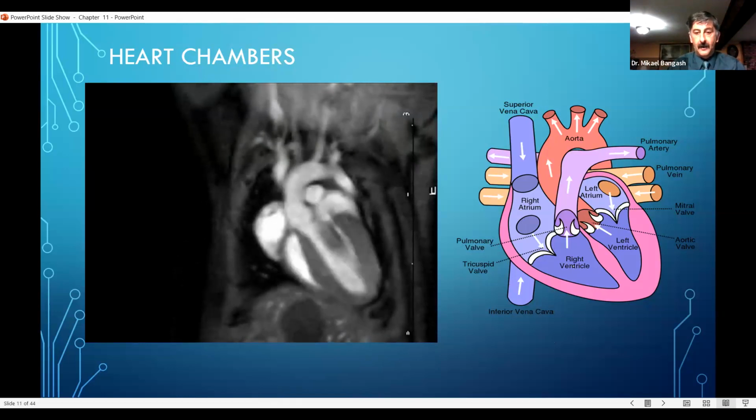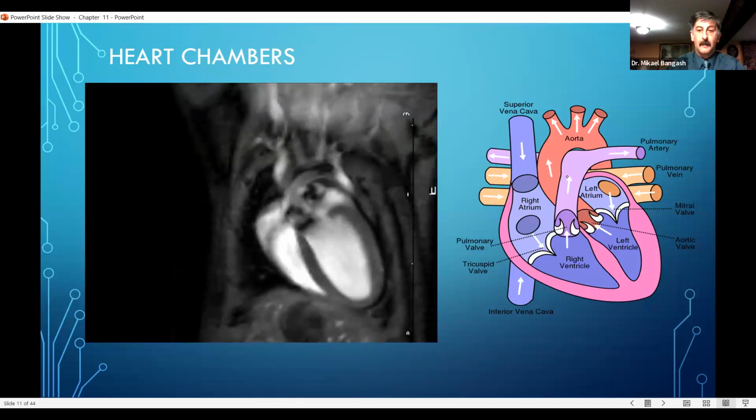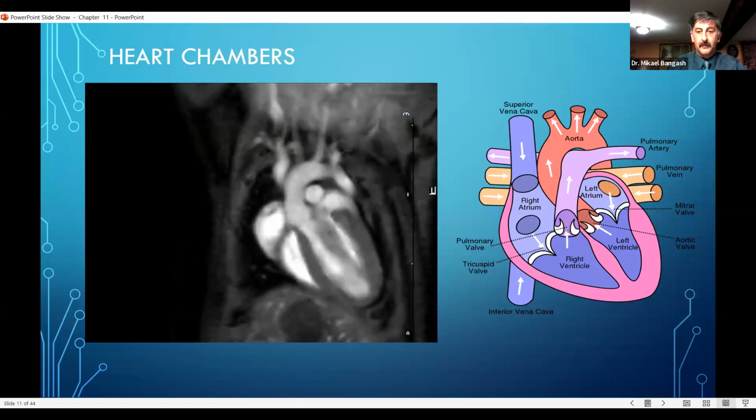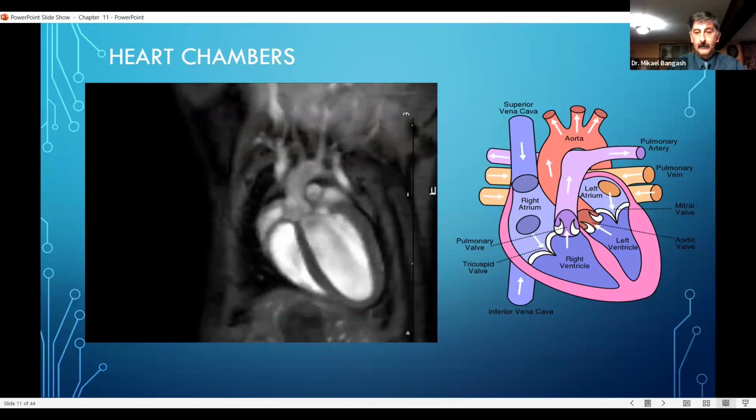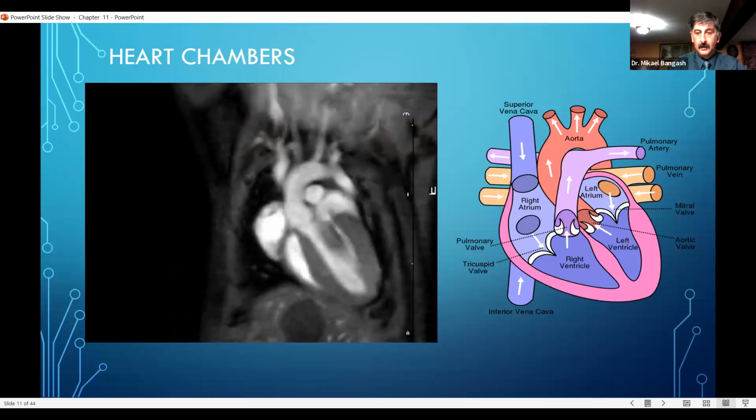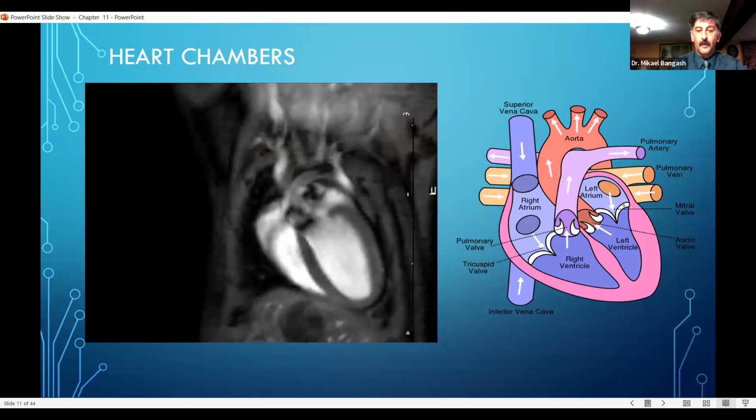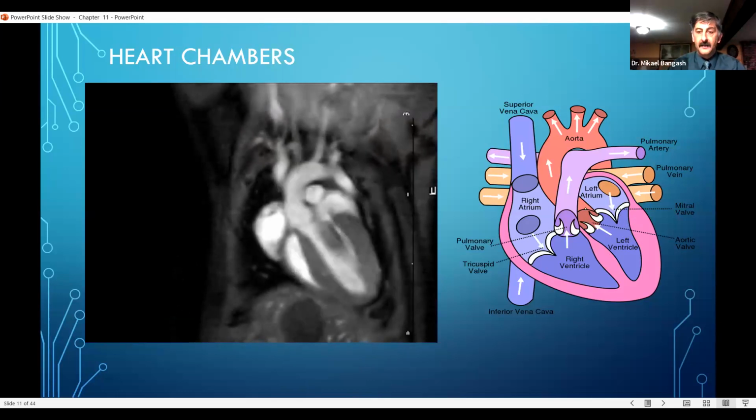From the right ventricle, it goes into the pulmonary artery or pulmonary trunk via the pulmonary valve, goes to the lungs, and comes back from the lungs into the left atrium. From the left atrium, it opens into the left ventricle via the mitral valve or bicuspid valve. And from there it empties into the aorta via the aortic valve.